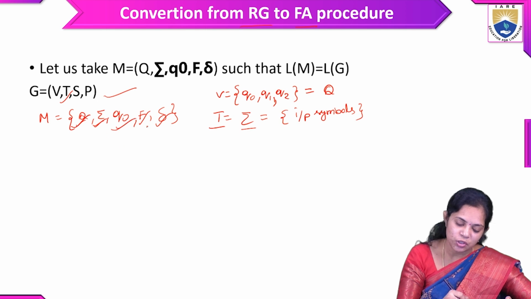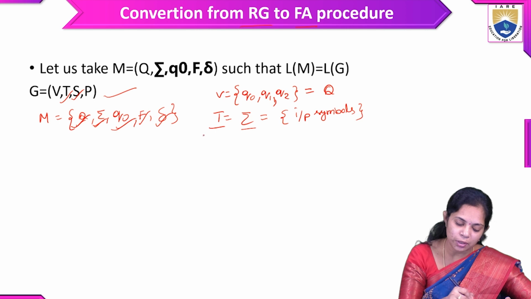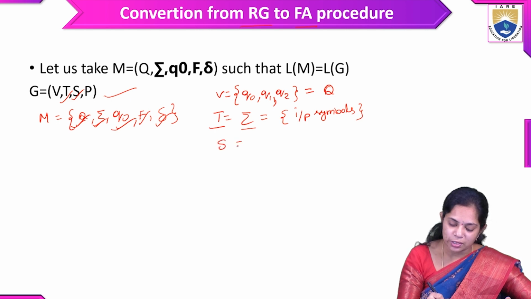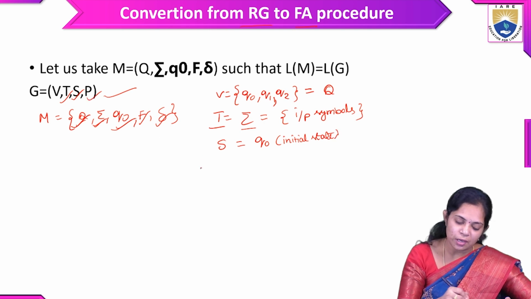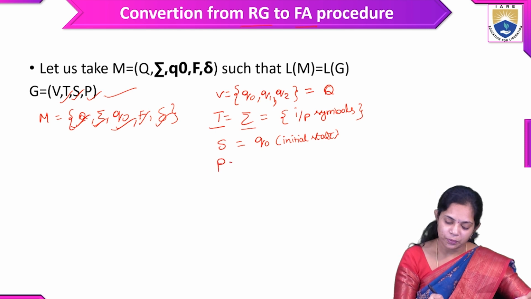And next, the initial state. The start symbol S is equal to Q naught, which is the initial state. And next, P are the productions. P is equal to the transition functions.